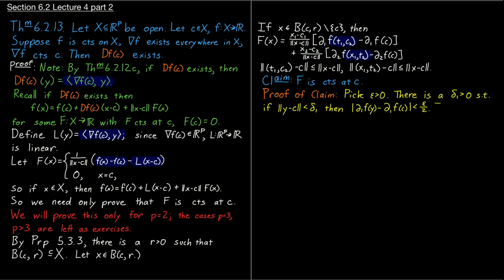And similarly, there is a delta 2 greater than 0, such that if the norm of y minus c is less than delta 2, then partial 2 f of y minus partial 2 f of c is less than epsilon over 2.